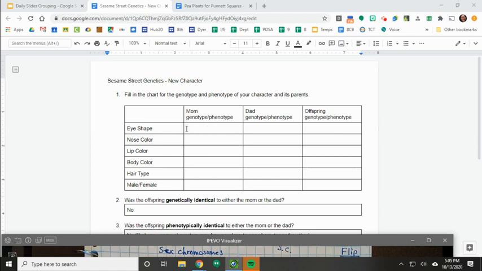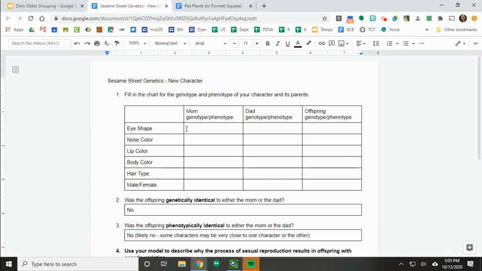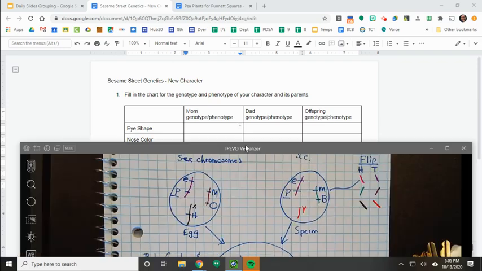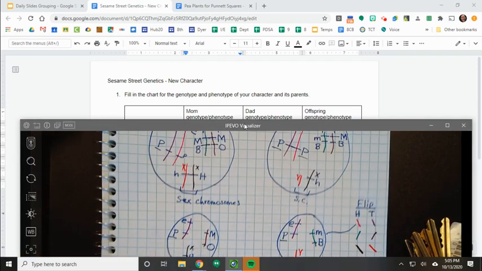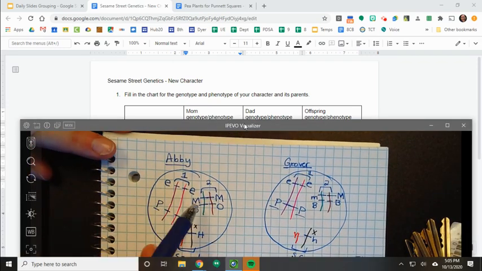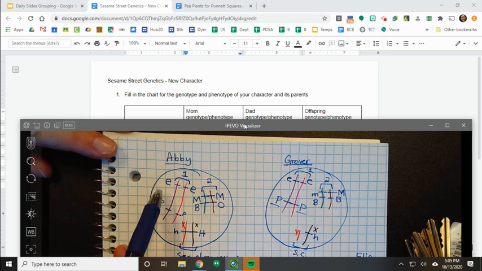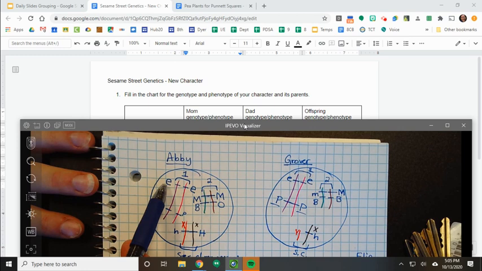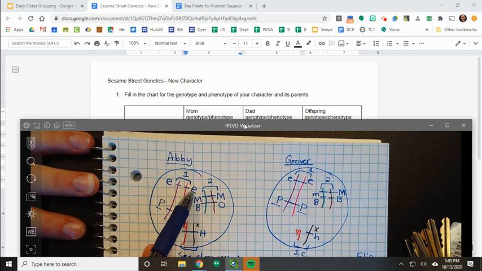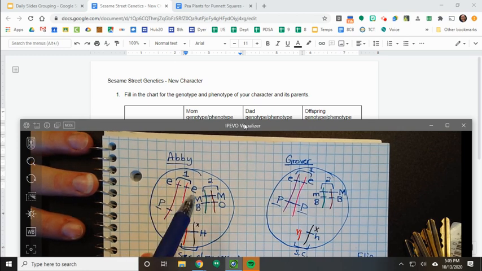And so on this, I would just type in for looking at Abby, I can look at her right here, or I can copy this information from the figure 2. And so I've got a recessive allele and a recessive allele, so homozygous recessive.